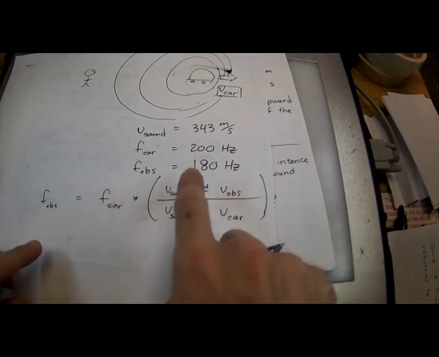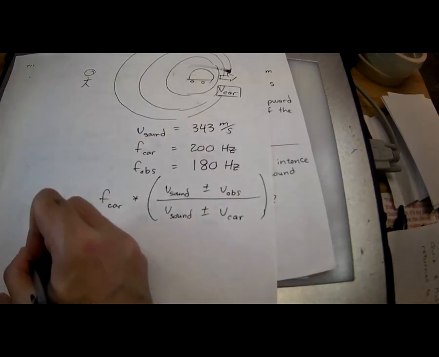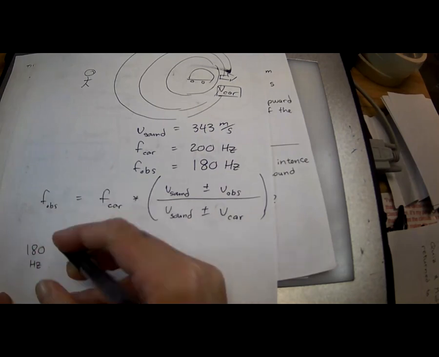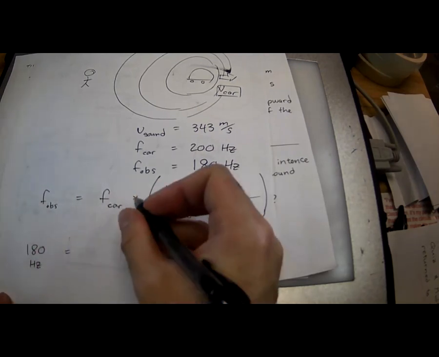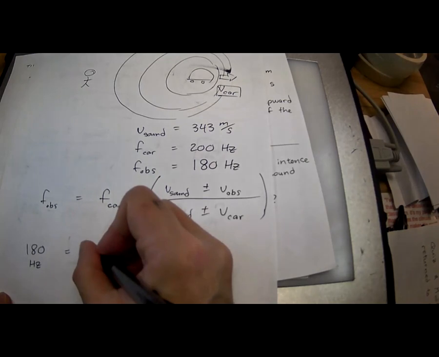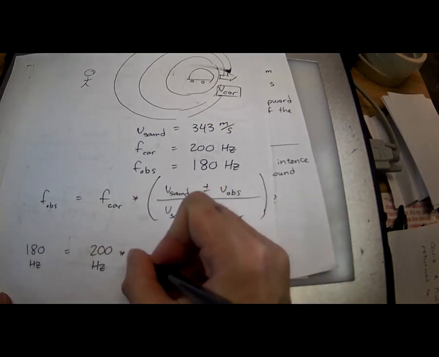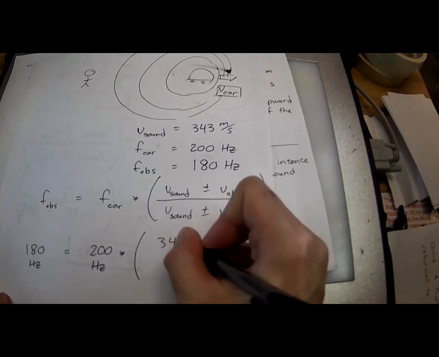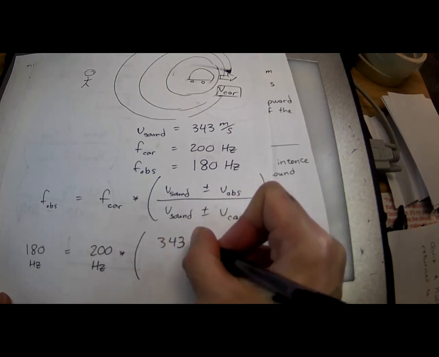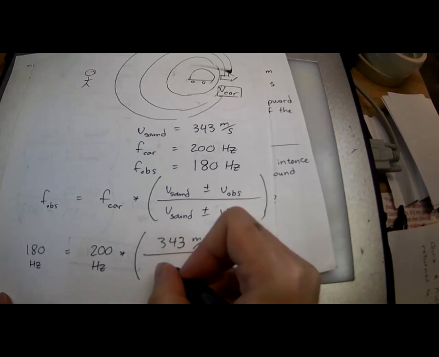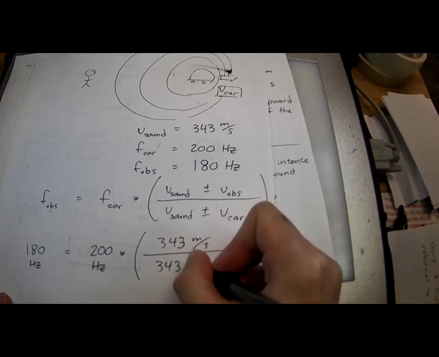What do we know? We know the observed frequency was 180 hertz. That's that number right there. The car at rest, or if you're along for the ride, sounds like 200 hertz. Speed of sound, we're using 343 meters per second. That goes there and there.